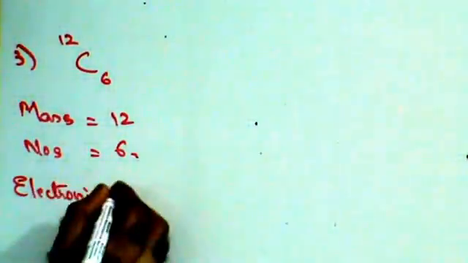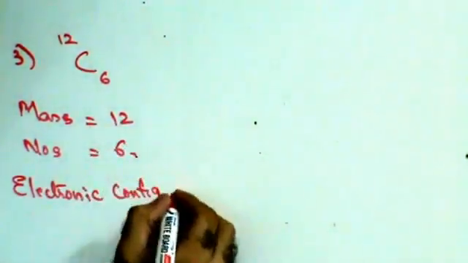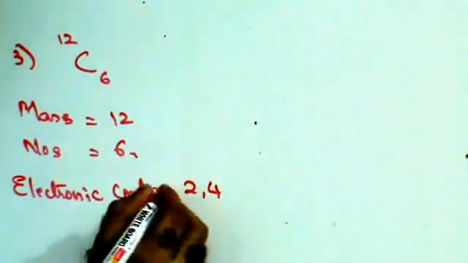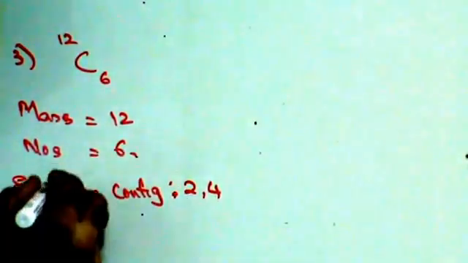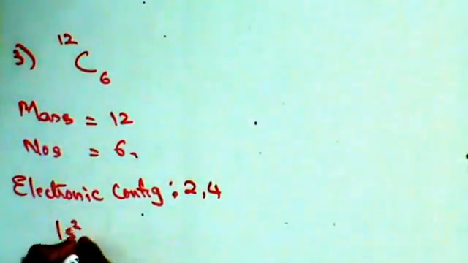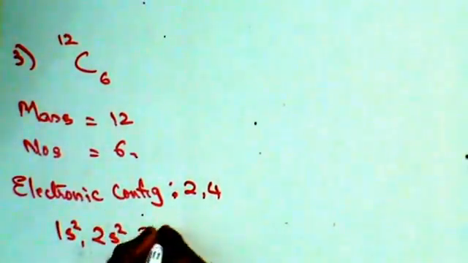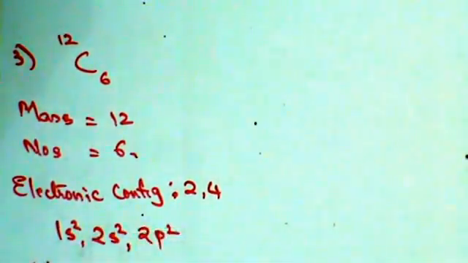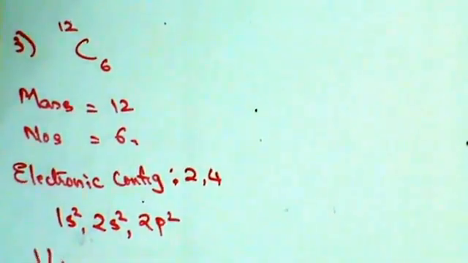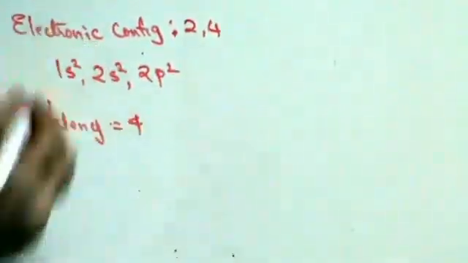Its electronic configuration is 2,4, which is also 1s2, 2s2, 2p2. Valency of this is 4.